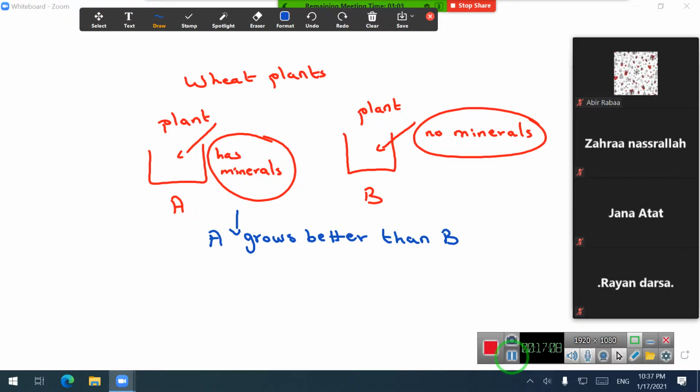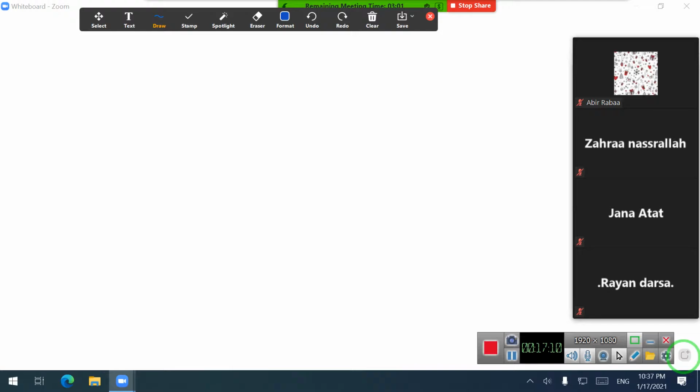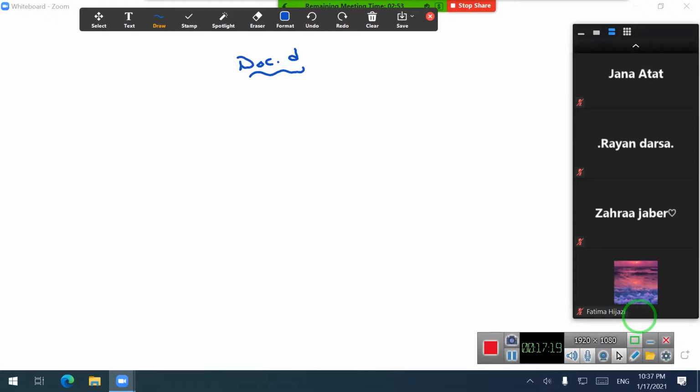Now, the last document today is document D for the lettuce plants. Fertilizers are added to these plants. Who can tell me what fertilizers can do?